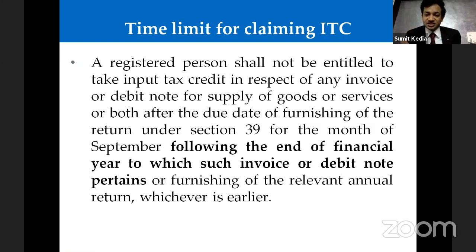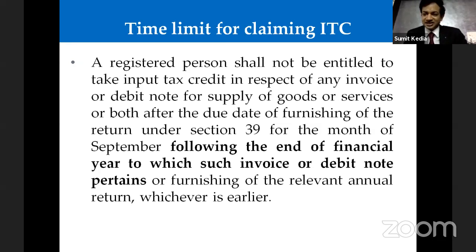This line gives focus to the date of invoice or debit note. Please pay attention: it says following the end of the financial year to which the invoice pertains. It does not say to which the transaction pertains. It says to which the invoice or debit note pertains.